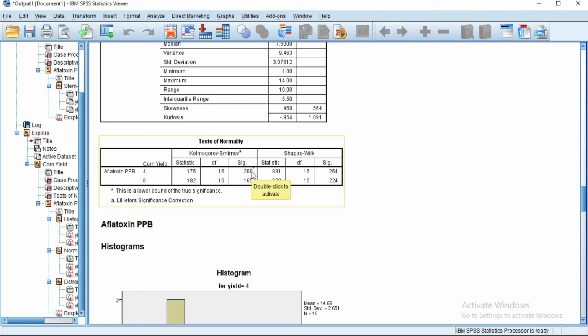This value is greater than 0.05, and this value is also greater than 0.05. And the p-values pertaining to the yield number 8: the Kolmogorov p-value is greater than 0.05, and the Shapiro-Wilk p-value is also greater than 0.05. So both of these values are indicating that your yield number 4 and yield number 8 are following normal distributions.